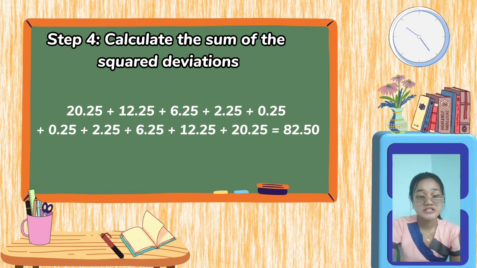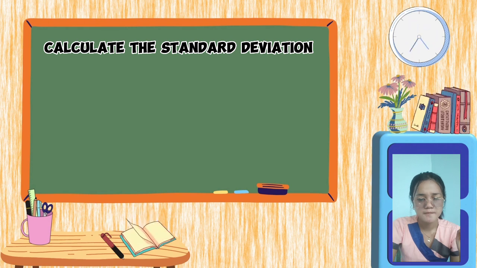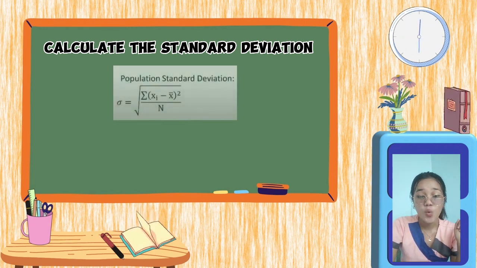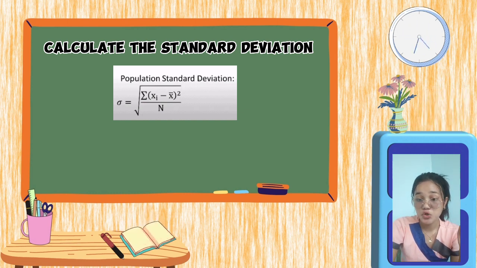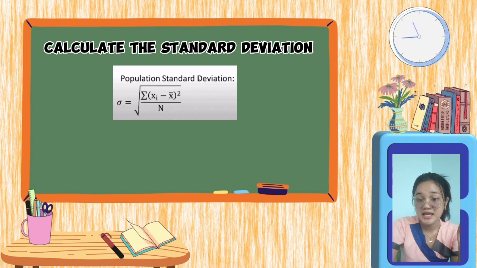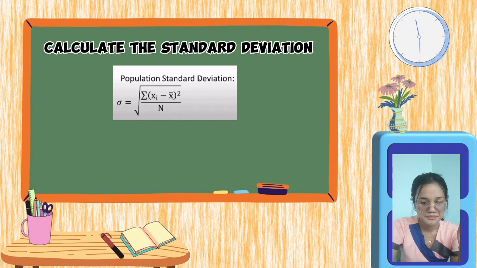Now we are ready to calculate the standard deviation. We will use the formula of population standard deviation, which is the square root of the sum of squared deviations divided by the number of values. For this dataset, we have 10 individuals, so we have 10 as our divisor.